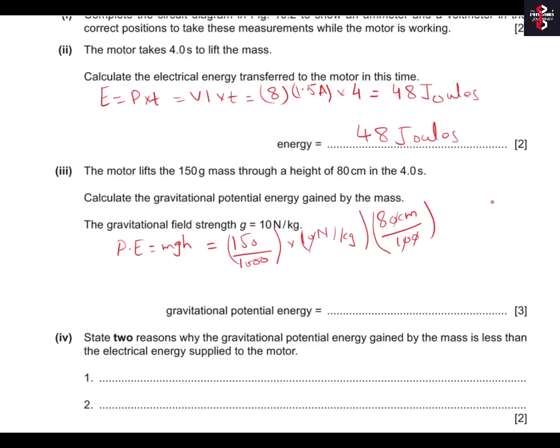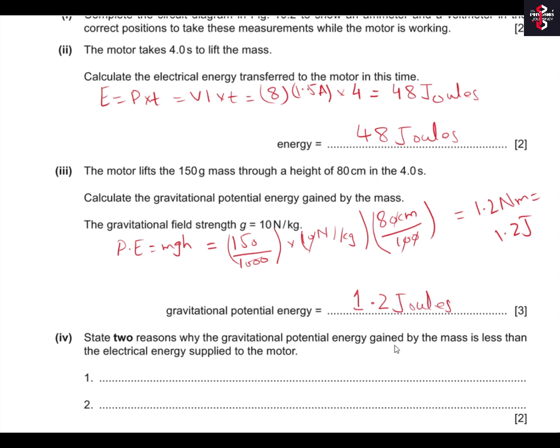So by calculating all of these using a calculator we will get 1.2 Newton meter, which equals 1.2 joules. So I will write it, the gravitational potential energy gained by the mass is 1.2 joules.